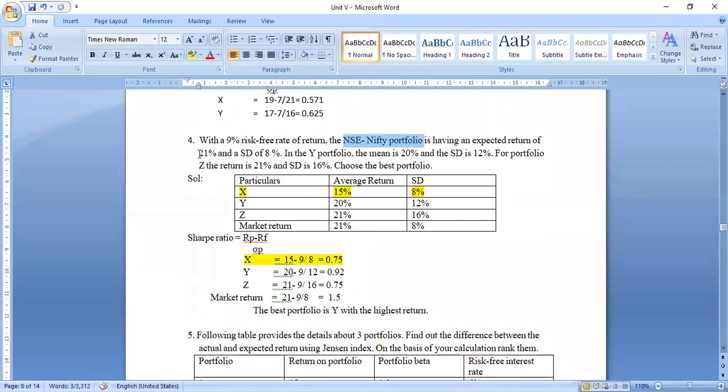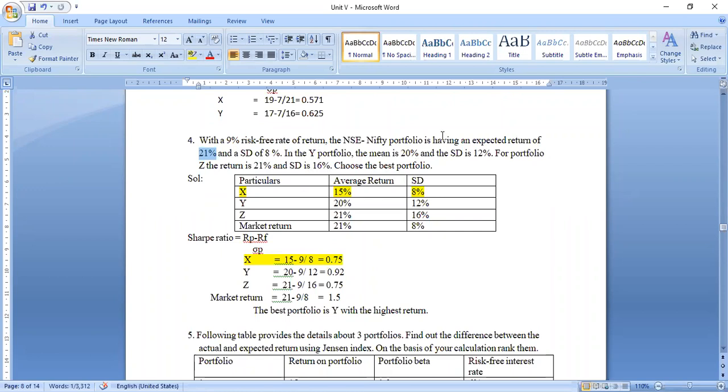And that is why the market return is 21% and standard deviation is 8%. Now in the Y portfolio, the mean is 20% and the standard deviation is 12%. For the portfolio Z, return is 21% and standard deviation is 16%. Choose the best portfolio. Now all the data are given in the form of sentences, or you can say in the form of a paragraph.